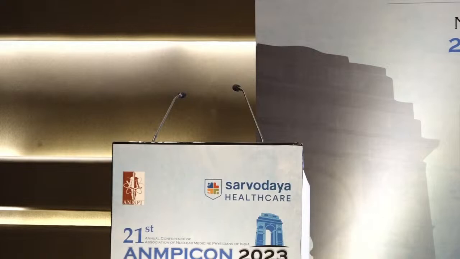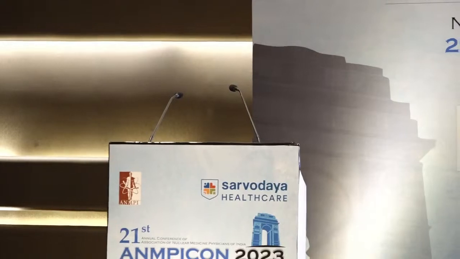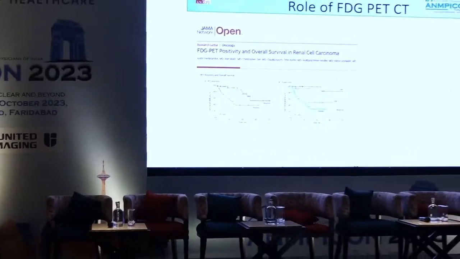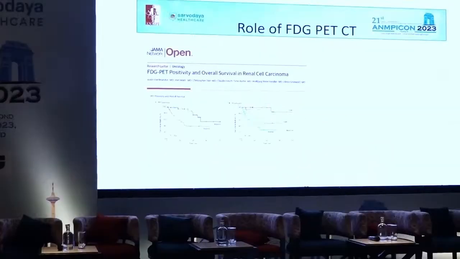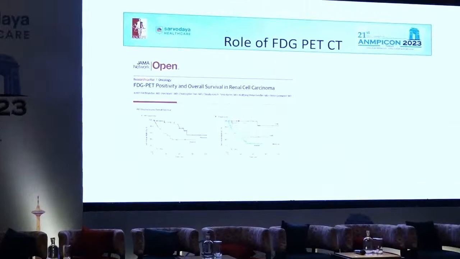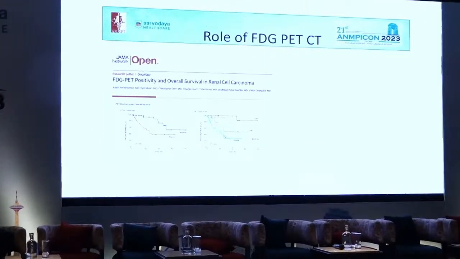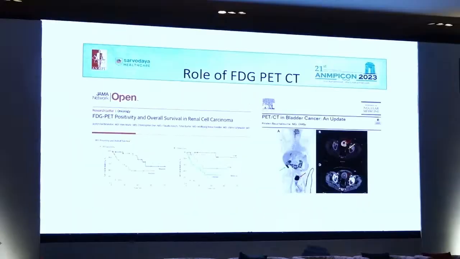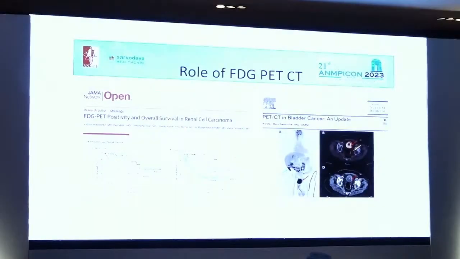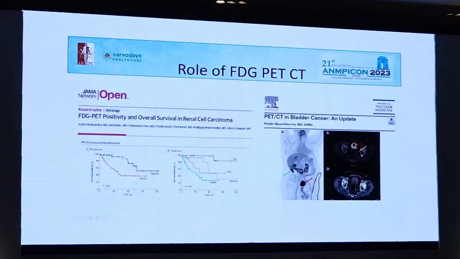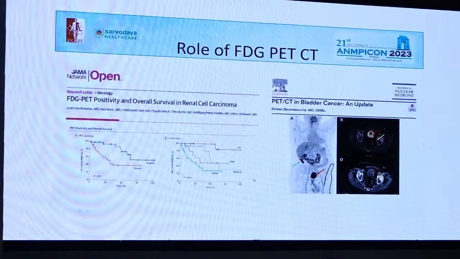There has been a significant role shown for FDG PET. FDG PET positivity and overall survival seem to be related, and also the intensity of FDG uptake. FDG PET has been shown to play a significant role in the nodal and the metastatic stage of the disease.